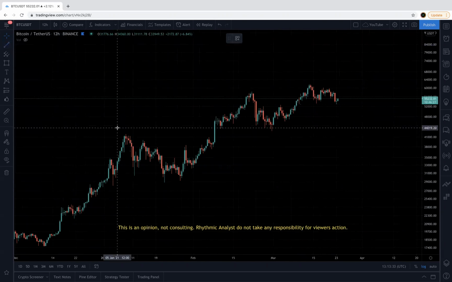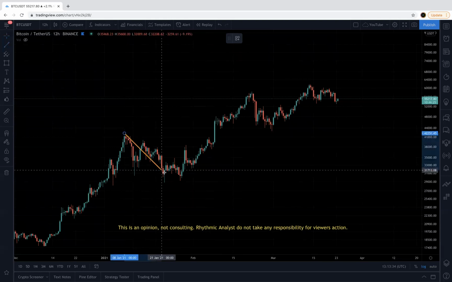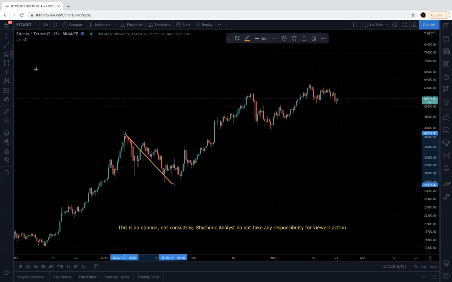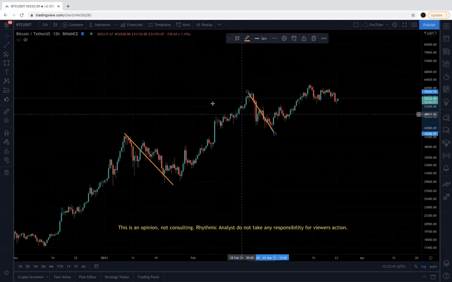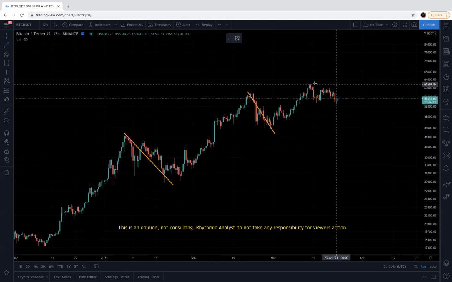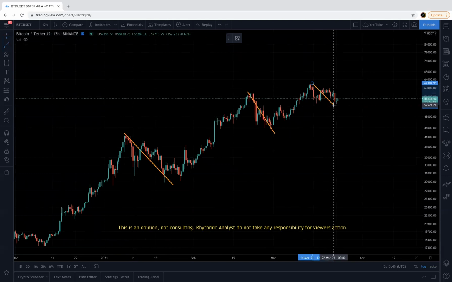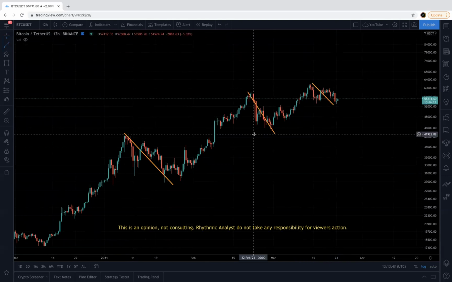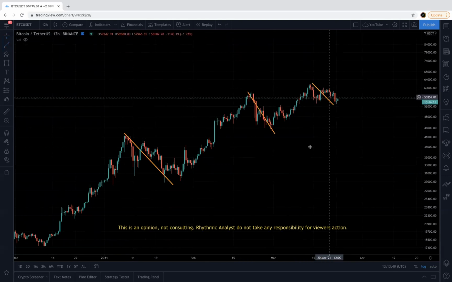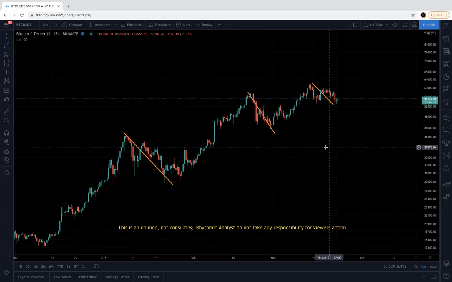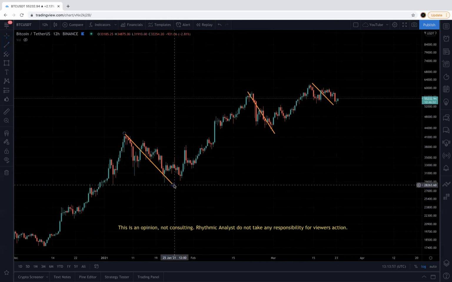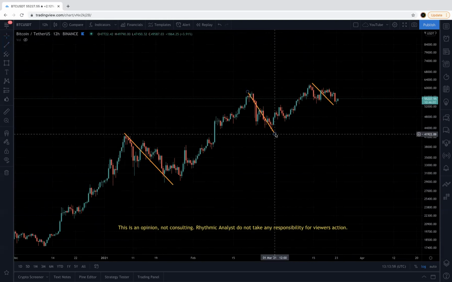So let's get started. I would start with a few simple drawings. This was the January fall. This is the February fall. And this is a recent one. What do we see here? What is the simple pattern we see here? What we see here is reducing severity.